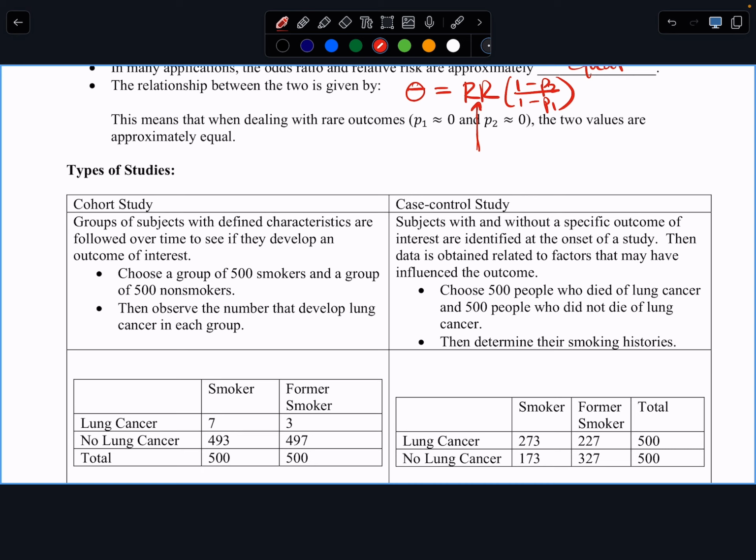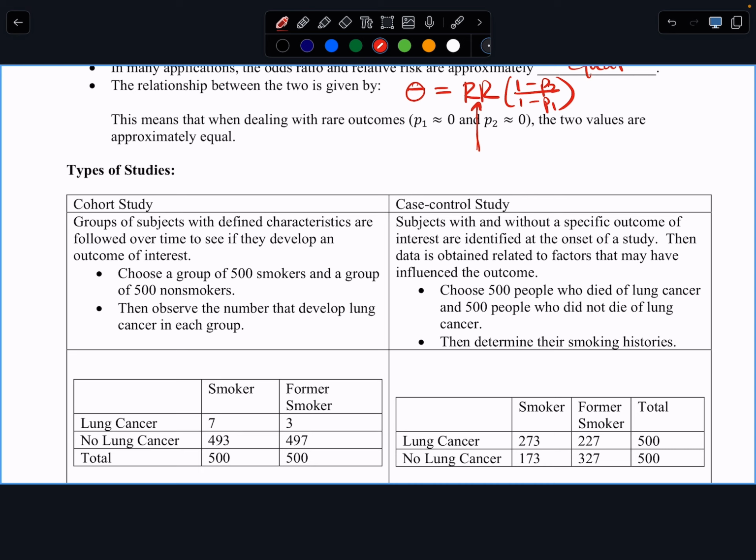Well, in a cohort study, we're going to find, let's say, a random sample of 500 smokers, and then a random sample of 500 former smokers. So I'm going to choose those at the onset or at the beginning of the study. Then I'm going to follow those people over several years, kind of like in that last example, and determine whether they develop lung cancer or not.